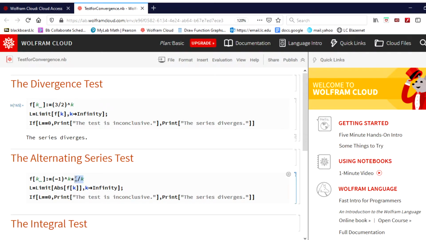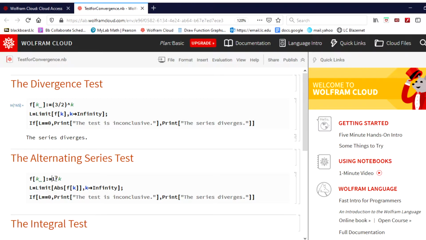Now, if I was to leave off this description of the alternating behavior, having that absolute value there is going to have 0 effect on the results of this test. Like we said, the absolute value of that alternating series is 1 over k. This is what it's going to be calculating the limit of in the end.